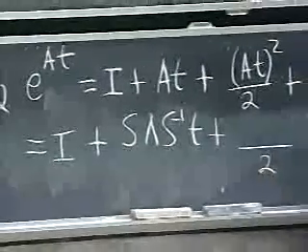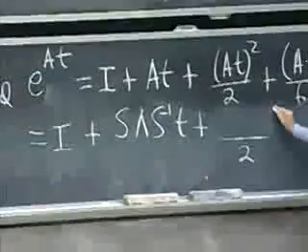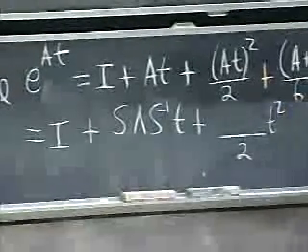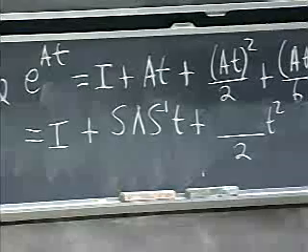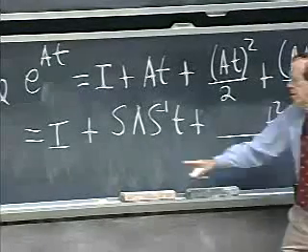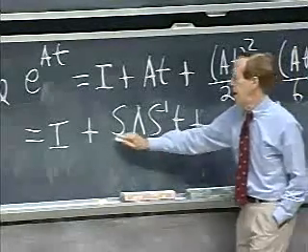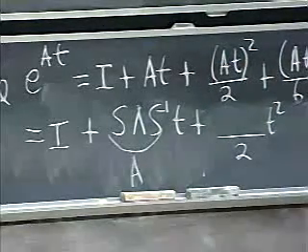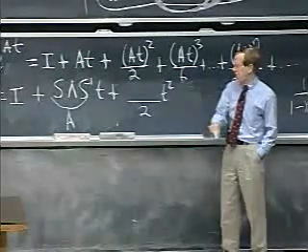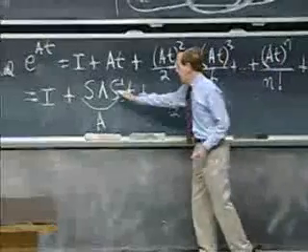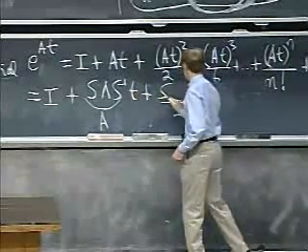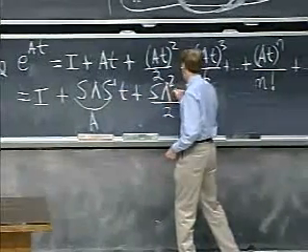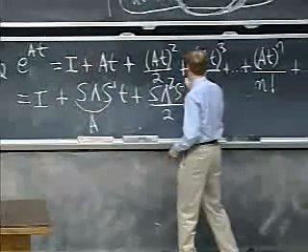Okay, what's A squared T? I've got the divide by 2, I've got the T squared, and I've got an A squared. Now square it. So what happens when I square it? We've seen that before. When I square it, I get S lambda squared S inverse, right?